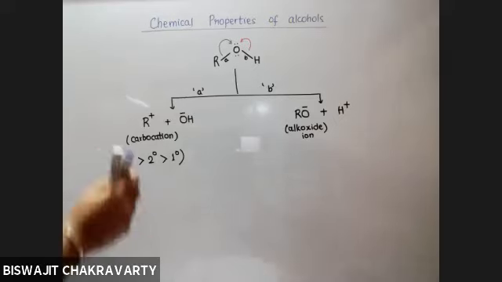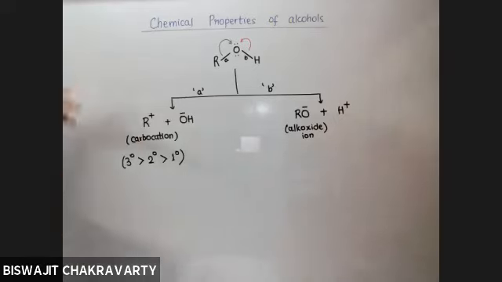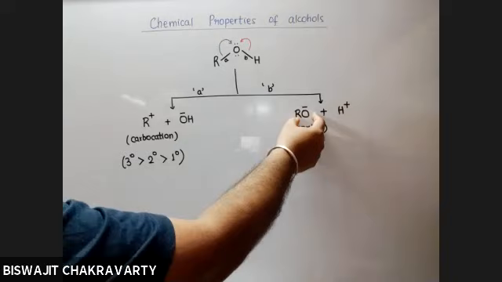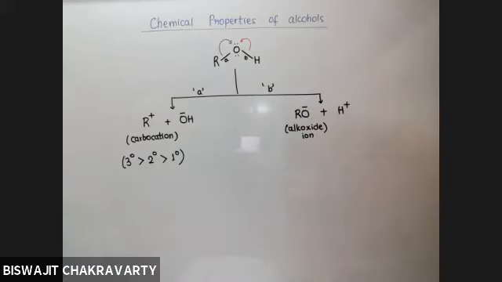Previously, it was hungry for electrons, and therefore, the more the number of alkyl groups, the better it is for it, because they are feeding more and more electrons to the hungry carbocation. But here, this is not hungry, it is already fed up. It has already taken its food. And after taking food, if someone keeps on forcing you to take more and more food, it will destabilize you or not? Yes, sir.